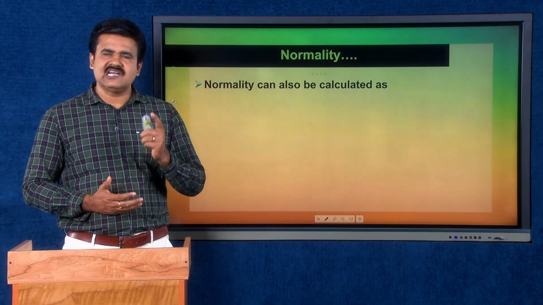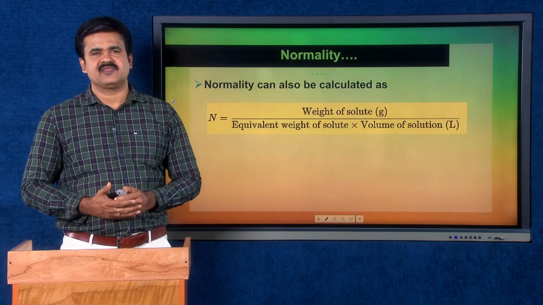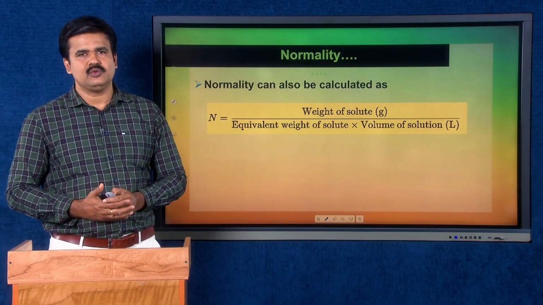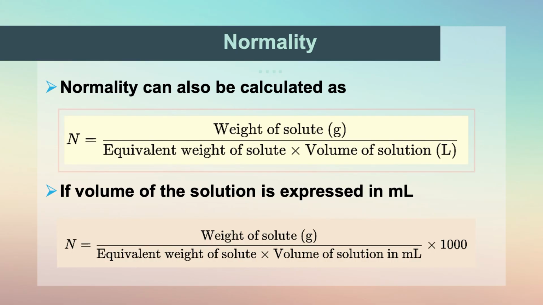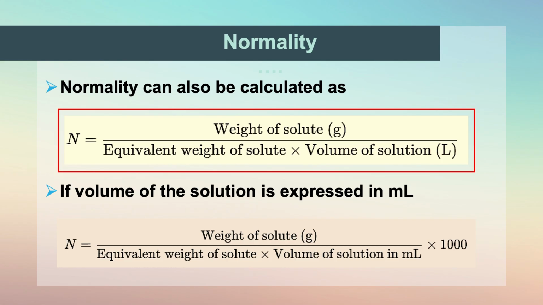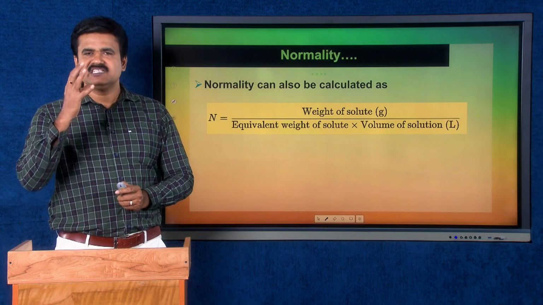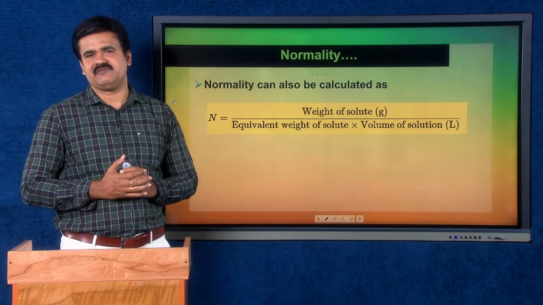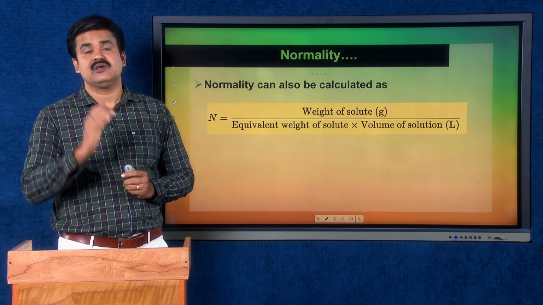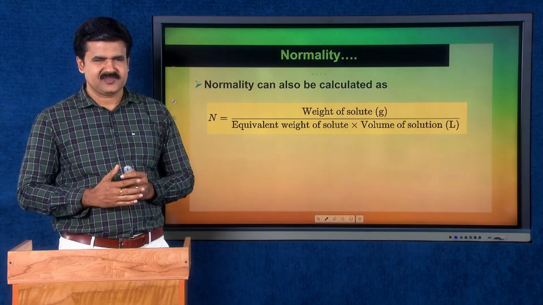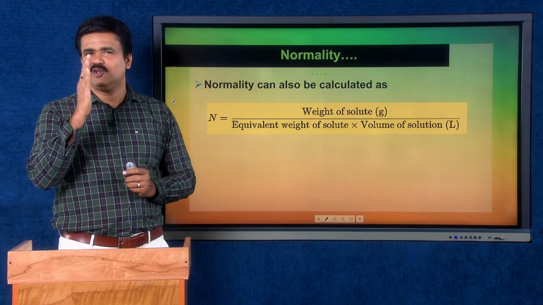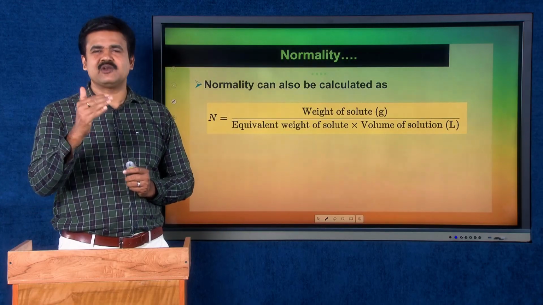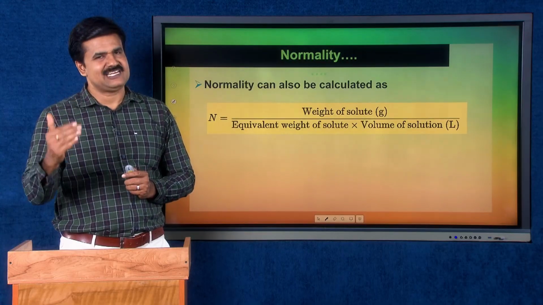Normality can also be calculated as normality N equal to weight of solute in gram divided by equivalent weight of solute into volume of solution in liter. This is because weight of solute in gram divided by equivalent weight will give you the number of equivalents. You know, normality equals number of equivalents divided by volume of solution in liter.